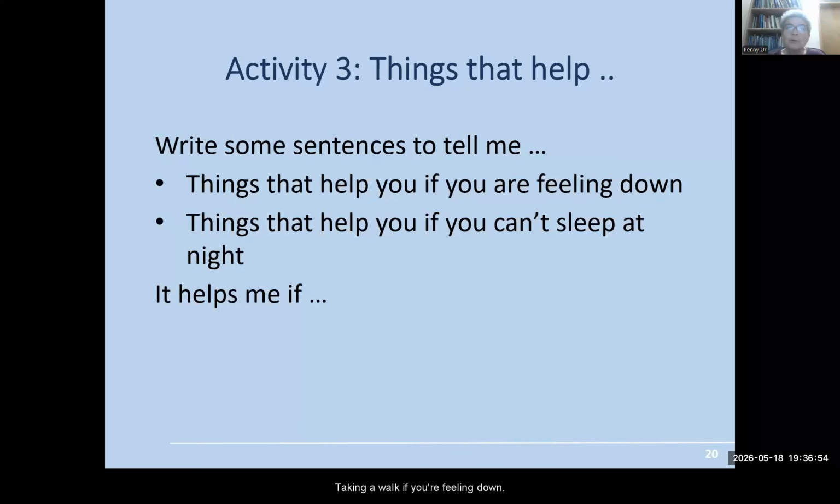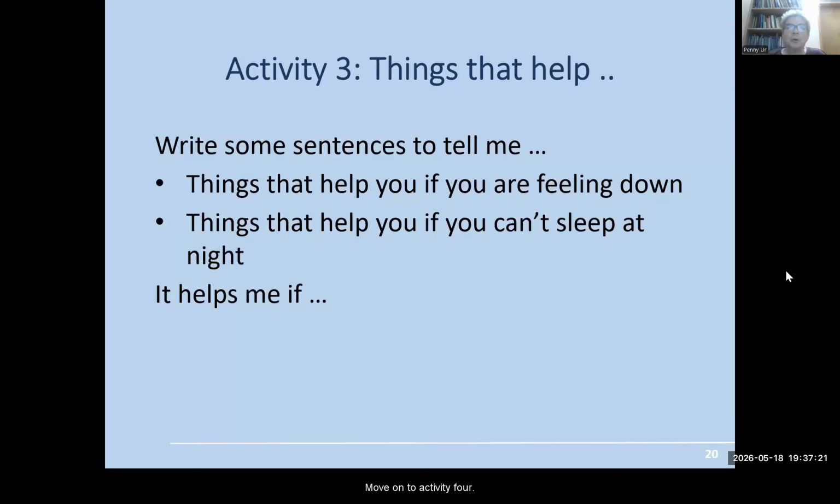Taking a walk, if you're feeling down, yeah, listen to music, eating ice cream. This is all relating to the first one, I gather. Yeah, cleaning the house. Well, well, well. Lovely, lovely. Okay, thank you very much for those.